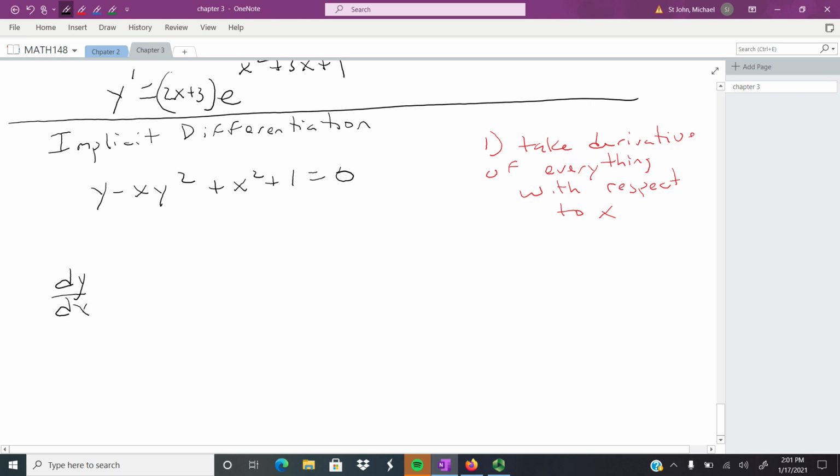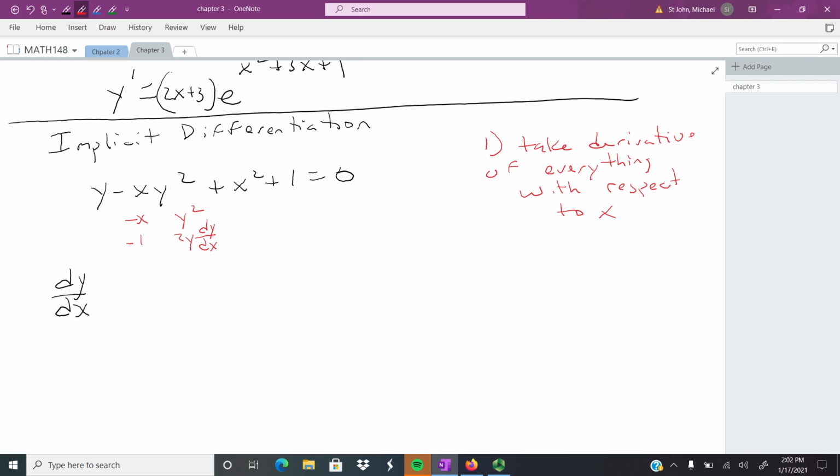But then if I look at my next term, that's x times y squared. Well, that's product rule. So this is going to be a minus x. This is going to be a y squared. This is going to be a minus 1. And this will be a 2y dy dx. So I broke it out into my pieces for the product rule.